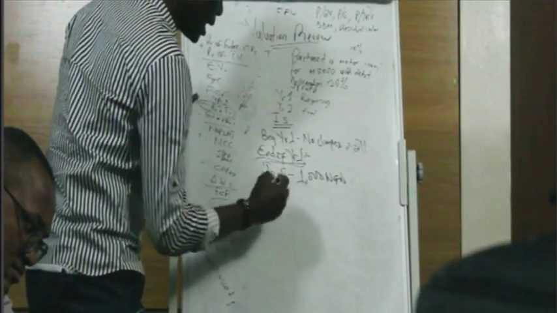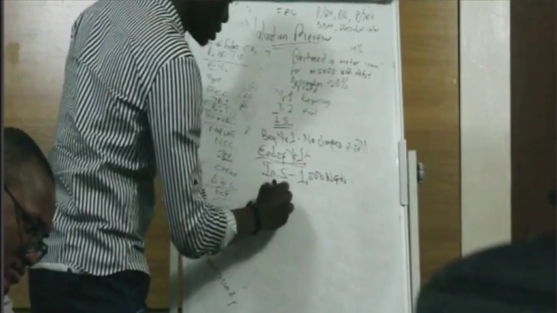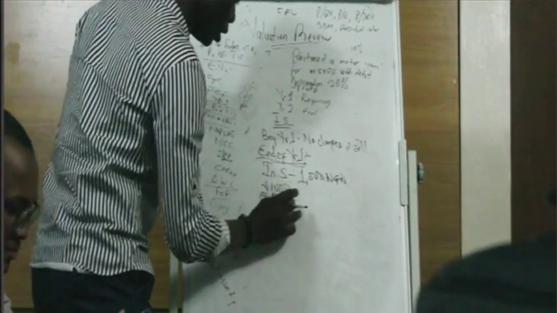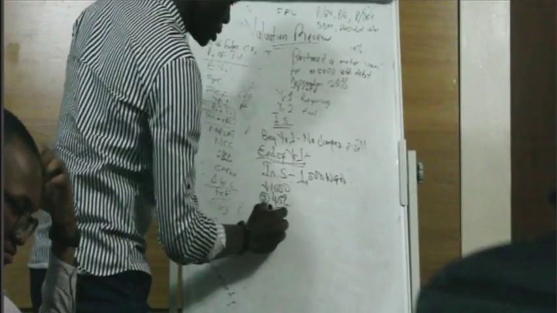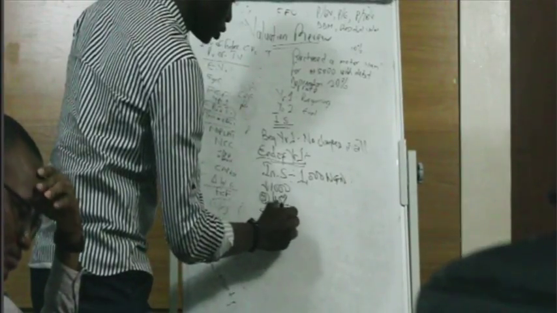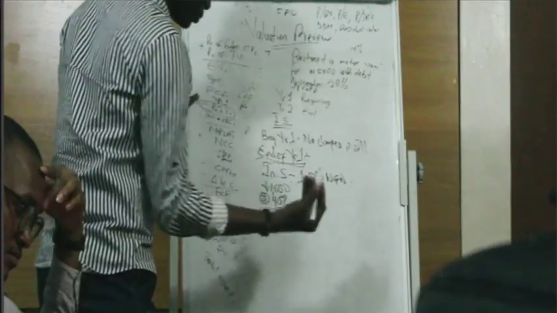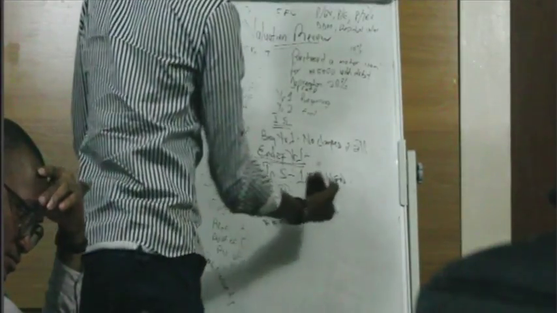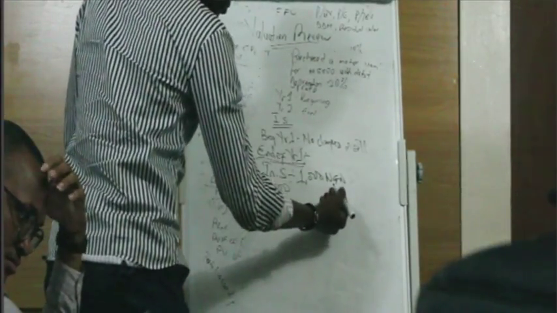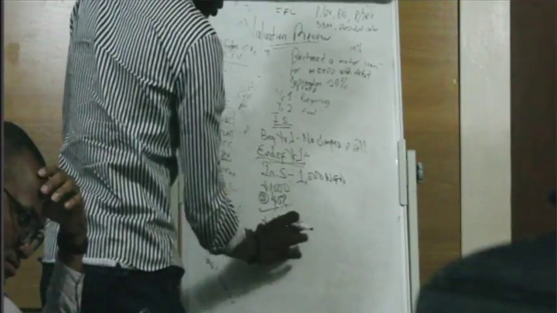Then let's assume a tax rate of 40%. It means that all in all, your income statement is going to be down by 600 naira. So this moves automatically to me. Okay, so this is for depreciation.